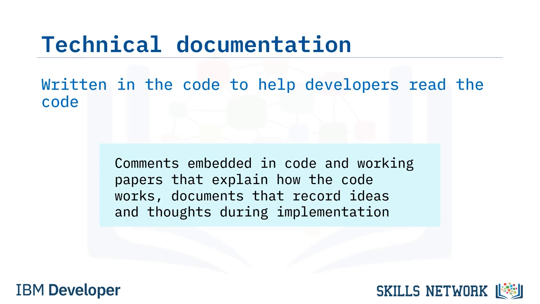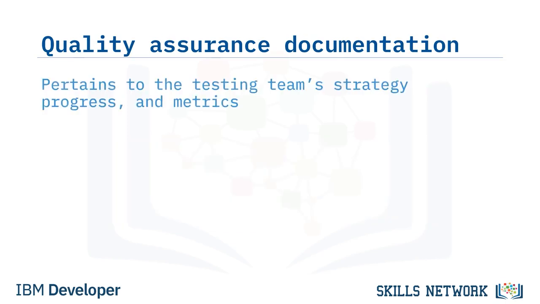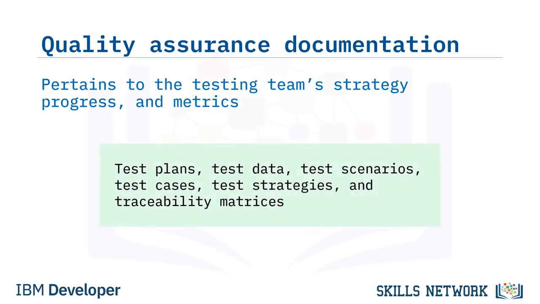Quality assurance documentation includes all documents that pertain to a testing team's strategy, progress, and metrics. Types of test documentation include test plans, test data, test scenarios, test cases, test strategies, and traceability matrices.